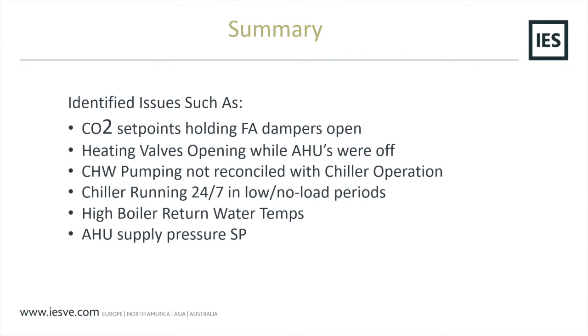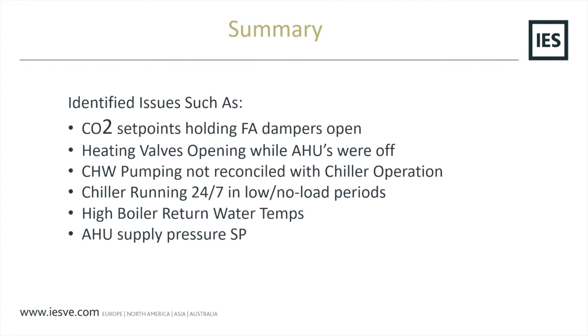So just by working with the client and working with the client's maintenance team, we could offer active advice on how to just tune the building more effectively. Similarly, the chilled water pumps, there's some issues around just the operation of these, different bits and pieces, boiler flow temps, air handling unit supply pressures.